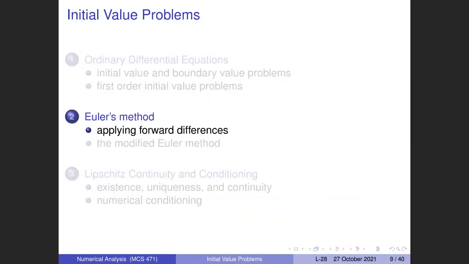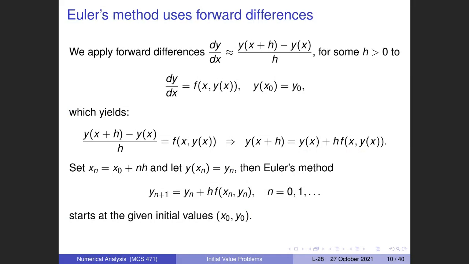That will give us Euler's method. We start with forward differences applied to the left-hand side. We discretize the problem. We start with a continuous problem, but then it becomes a discrete problem. The continuous equation is turned into a formula. Here is the formula. On the right we have x and h, and the function that we can evaluate.